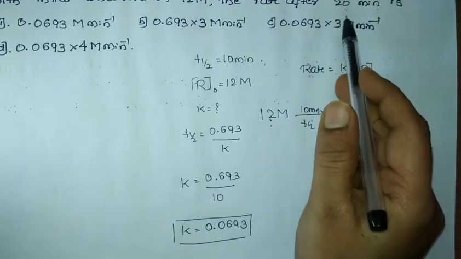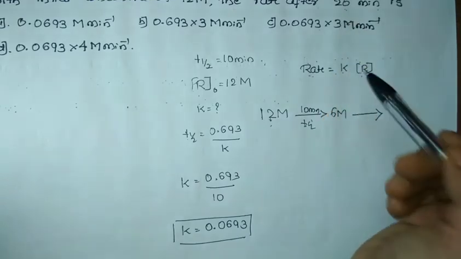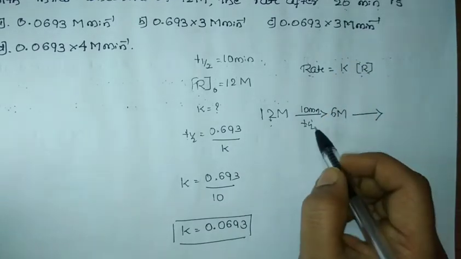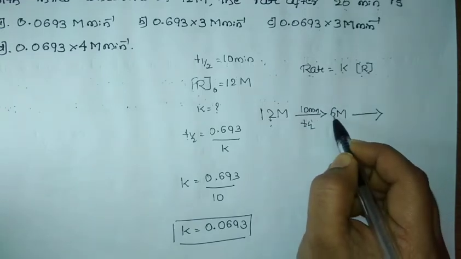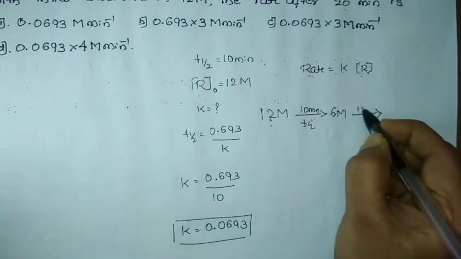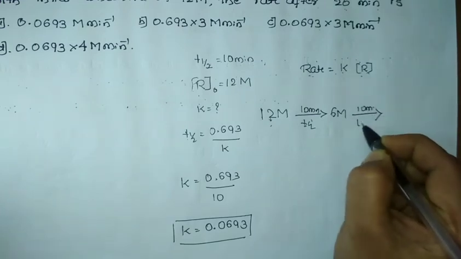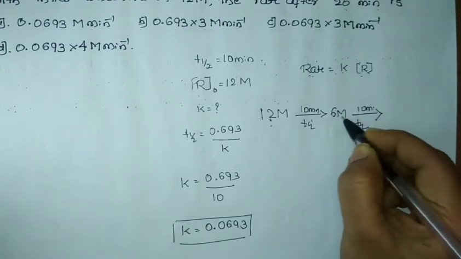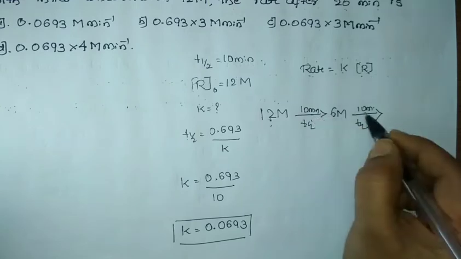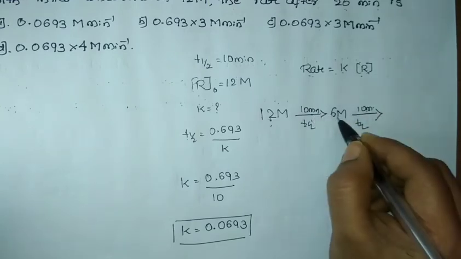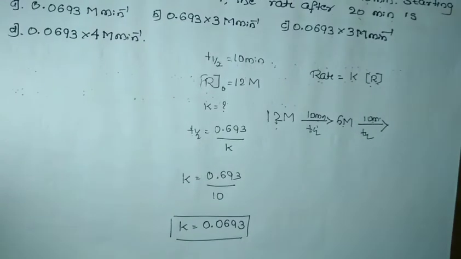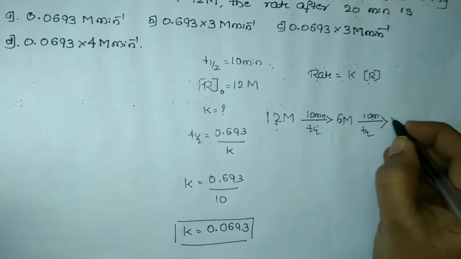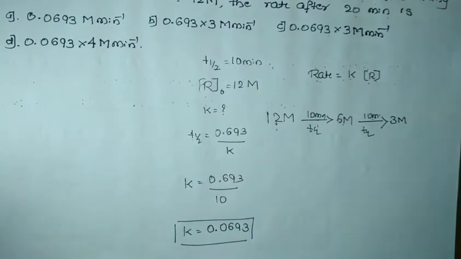Now, what are they telling? After 20 minutes, how much will be the rate of the reaction? After 10 minutes, it will turn into 6 molar. For another 10 minutes, T half is 10 minutes, like 10 plus 10, 20 minutes. 6 molar will reduce exactly to 3 molar.